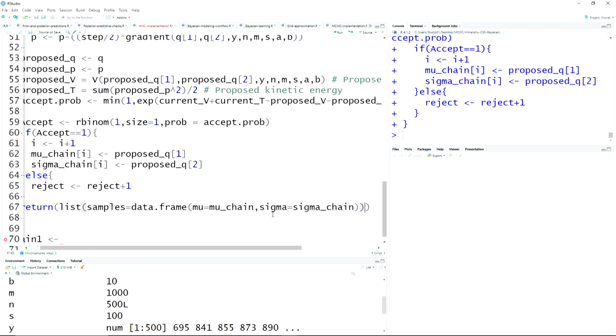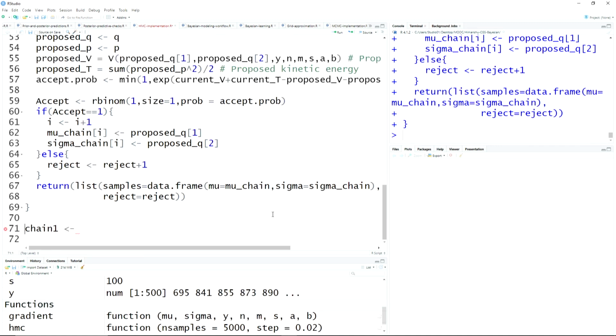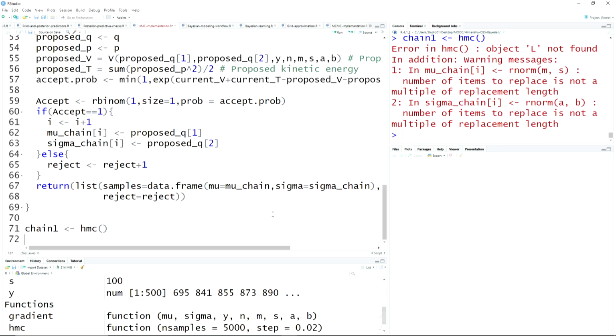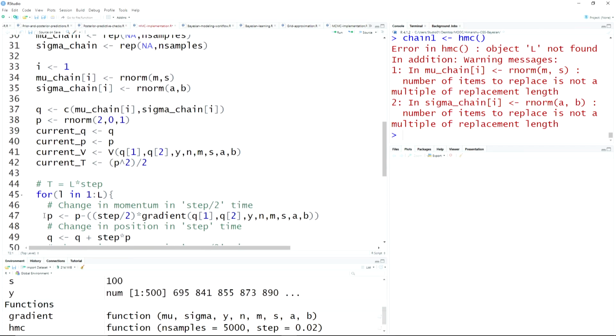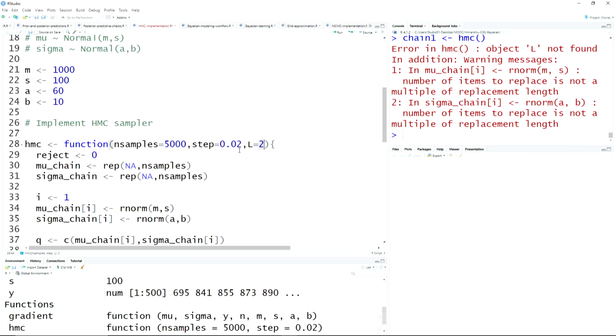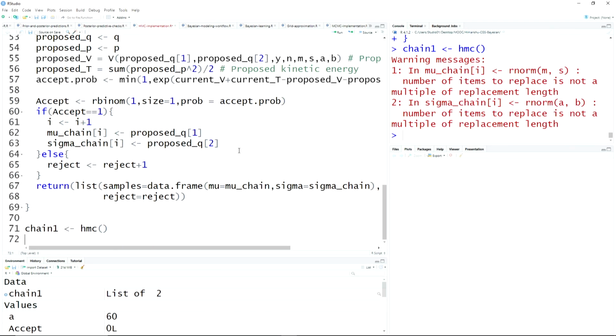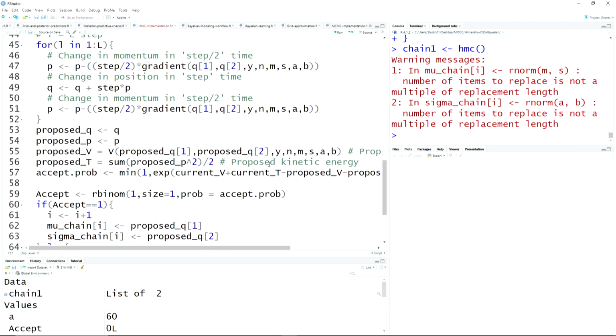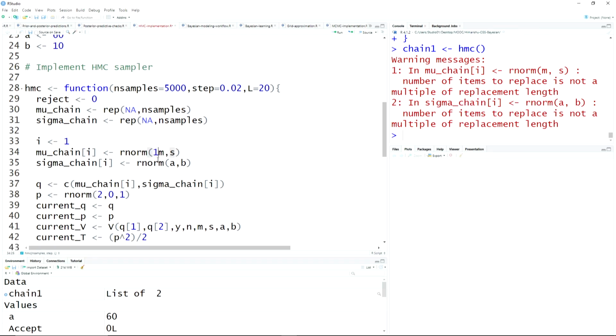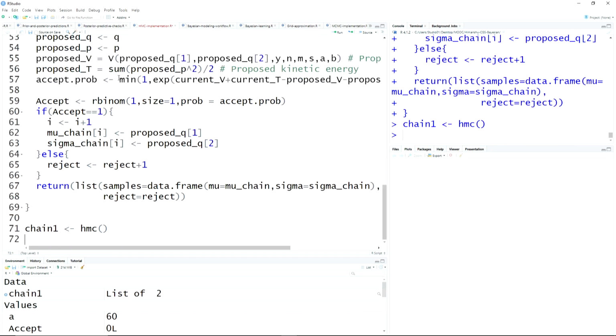That would be easier to use. Okay, L is not defined. Okay, I think it is done.